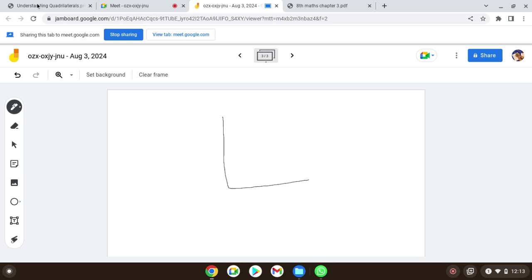Can you name the triangle? This one is a right angle triangle because the angle here is 90.